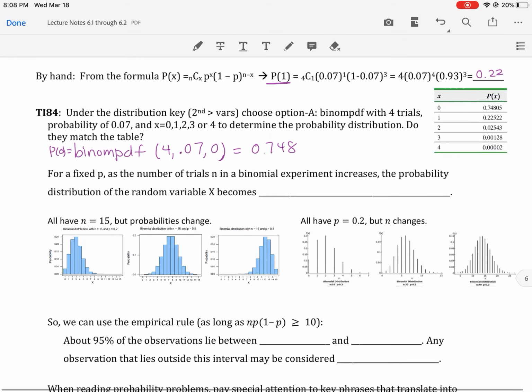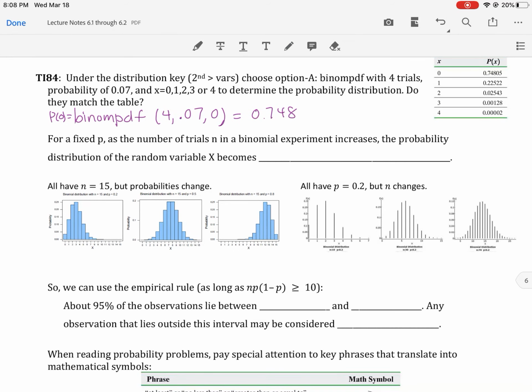Something to notice here is for a fixed p, so for a fixed probability, as the number of trials in a binomial experiment increases, the probability distribution of the random variable x becomes approximately normal.